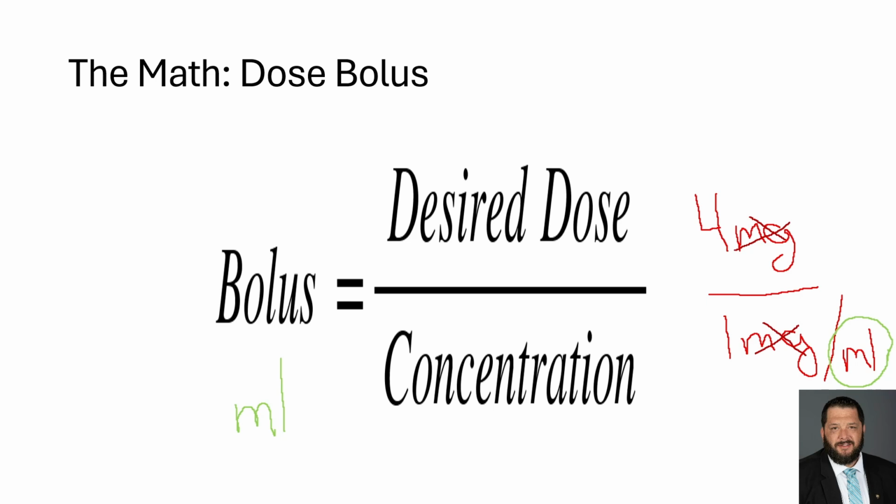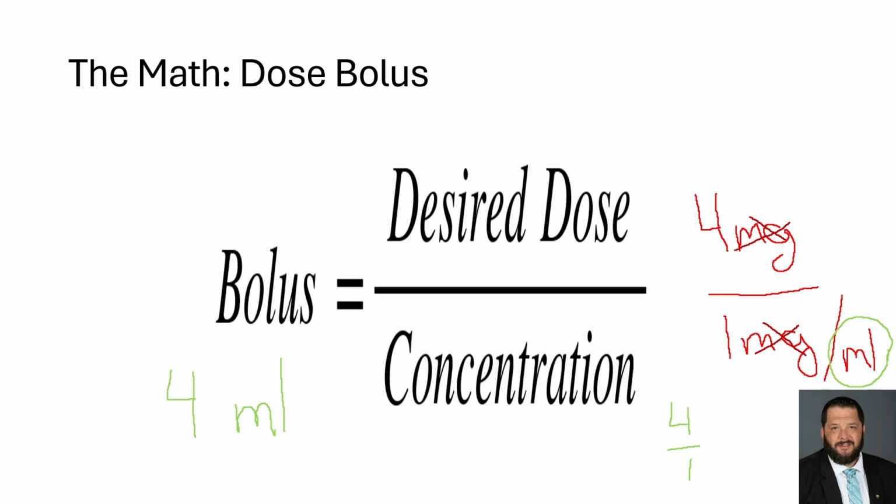Syringes are denominated in volume, in milliliters. So when we go to actually give this medication, we're going to be drawing up a certain amount of milliliters that contains our desired dose of 4 milligrams. When we move our term to the outside, we're left with an equation of 4 over 1. That's 4 divided by 1, and that equals 4 milliliters.